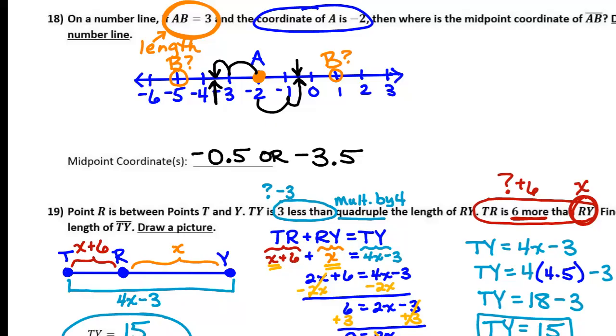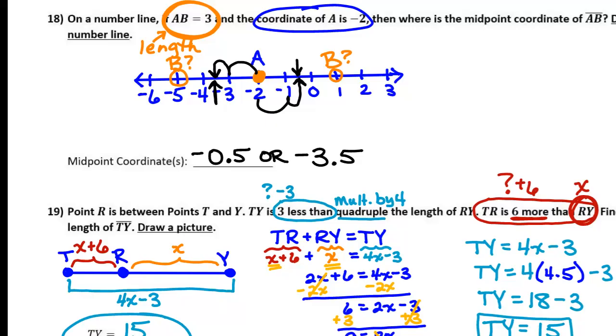All right. What else would you guys like to see from the review? Number 23? Absolutely. Let's go look at number 23.